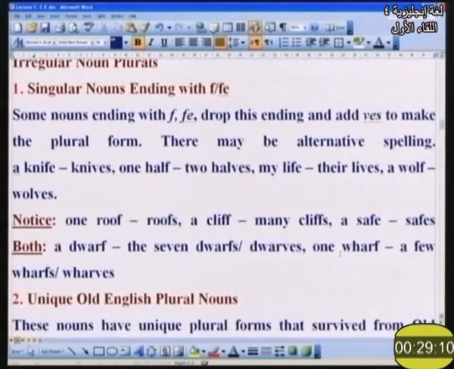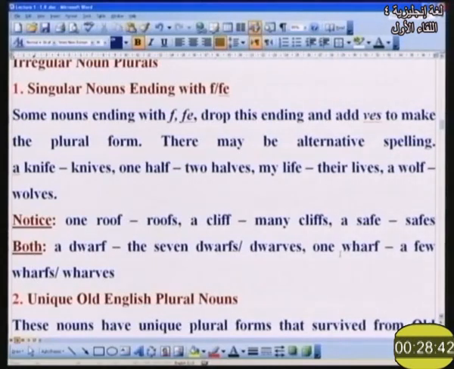Some other rules. Singular nouns ending with an F or an FE. Some nouns, not all nouns, some nouns ending with an F or an FE, drop this ending and add VES to make the plural form. Okay?